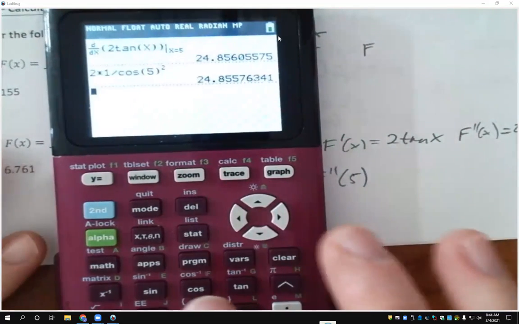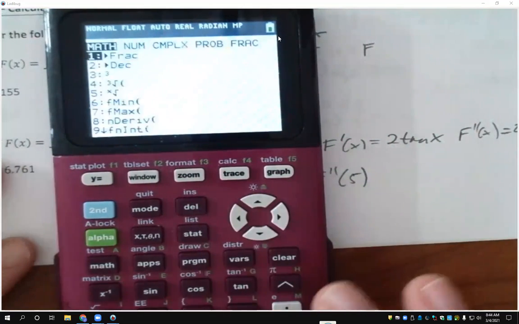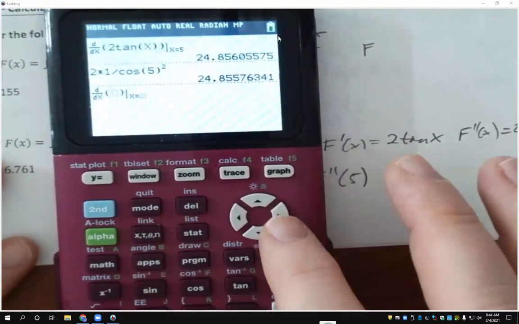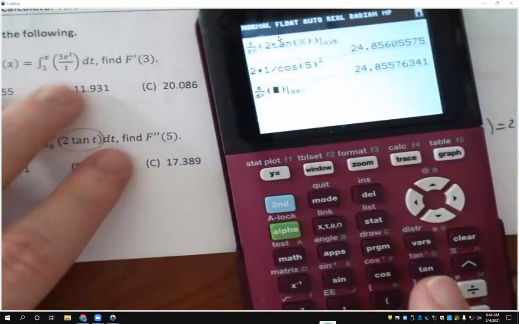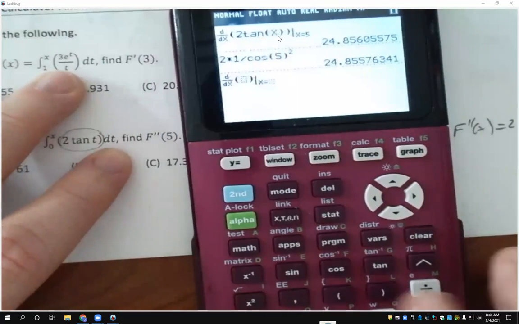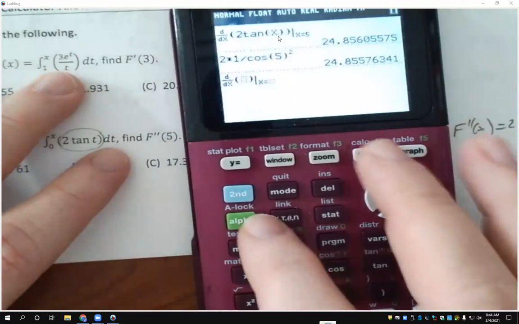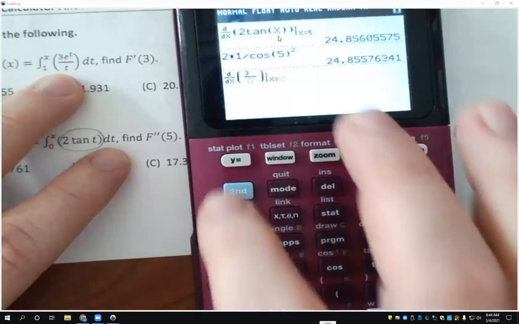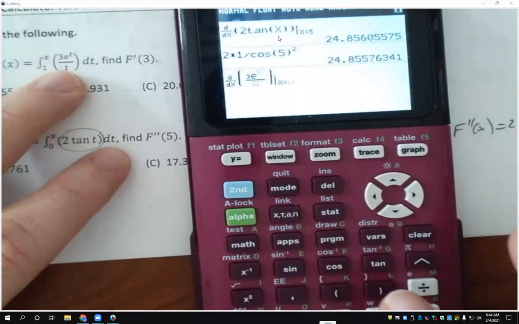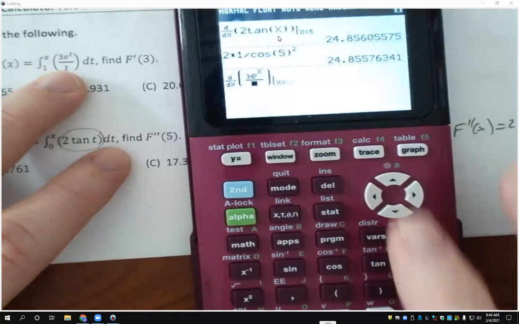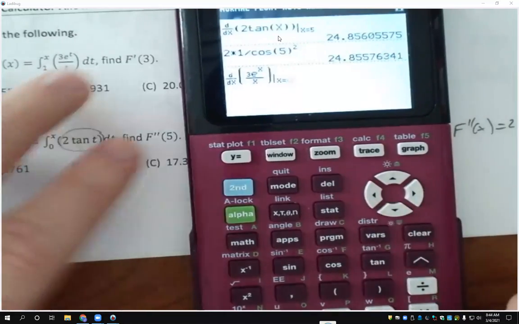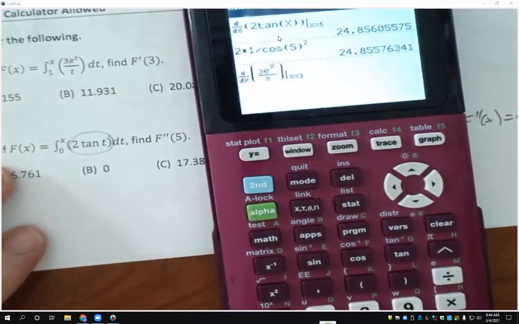I'm going to go Math option 8, and there's an x there, and then my function is 3e to the x over x. You could hit the fraction bar, but you don't need to because it's not that tough of a function. Then we type in the 3 right here.